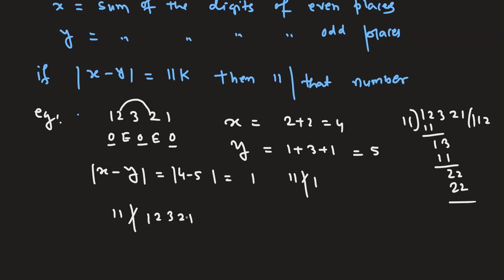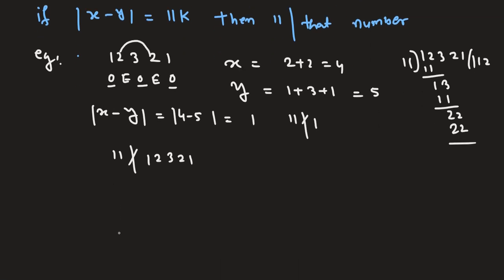Okay, now if it is a multiple of 11, then we can say that the number is divisible by 11. Suppose I am taking this number 1 2 1. So here this is odd place, this is even, and this is odd place. So x is equal to the sum of the even places digit, y is the sum of the odd places digit. y is equal to 1 plus 1.